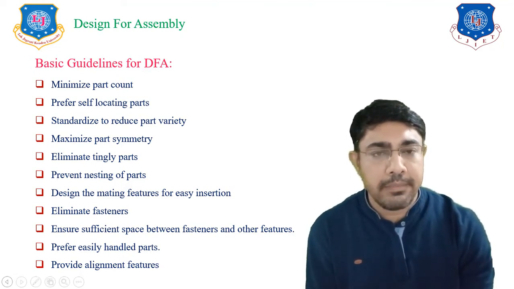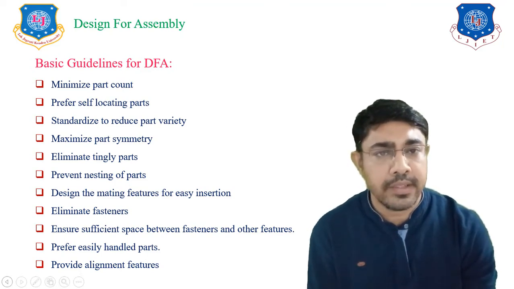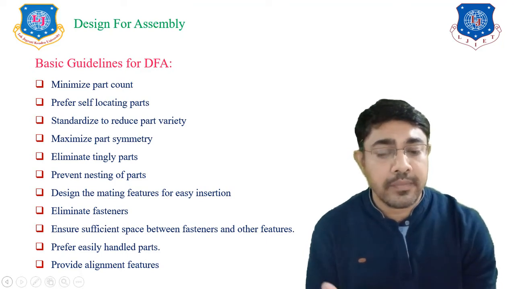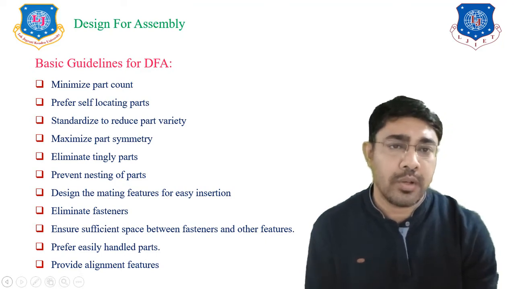And next is eliminate fasteners. We have to avoid fasteners whenever they are not required, as the driving of a screw is more expensive than the cost of the screw.